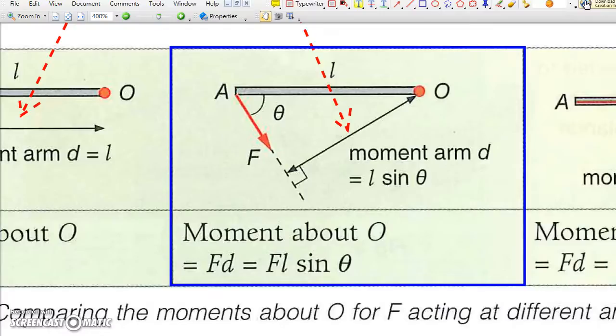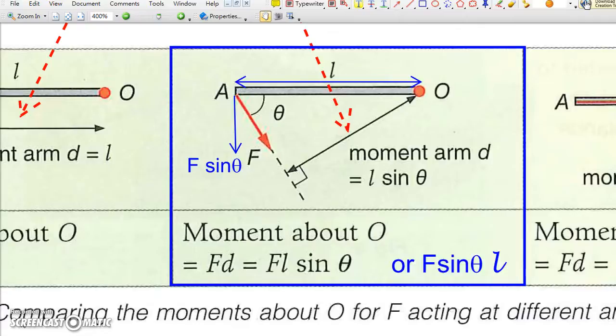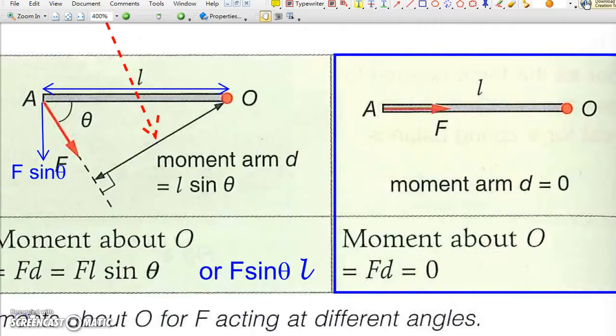If you find it difficult to find the moment arm, you may find the perpendicular component of the applied force instead. So in this case, the perpendicular component of the applied force is F sine theta, and then the moment arm is L. So the moment is FL sine theta. Easier, isn't it? On the right, there is no perpendicular component of force, and hence the moment is zero in this case.